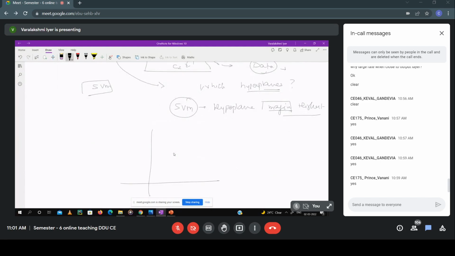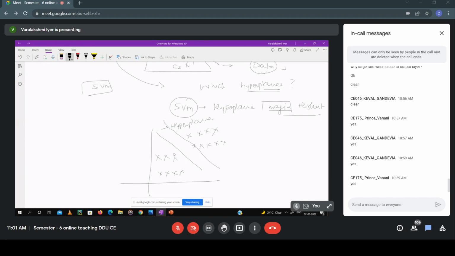For example, in your data set, this is the hyperplane that is separating your linearly separable data. These are negative samples, these are positive samples. And margin will be a distance. For example, this is a positive hyperplane.